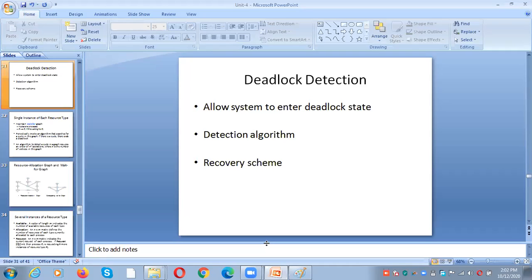How can we detect the deadlock, and after detecting it, how can we recover from it? First, we allow the system to enter into the deadlock state, then we find the deadlock using a detection algorithm, and then we recover from the deadlock.